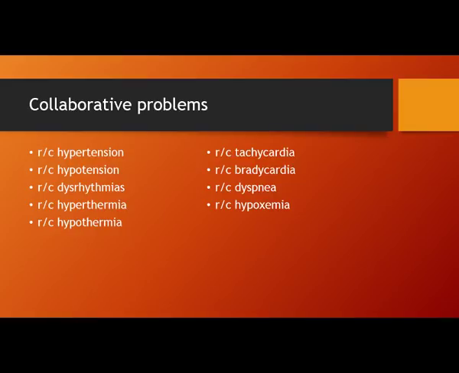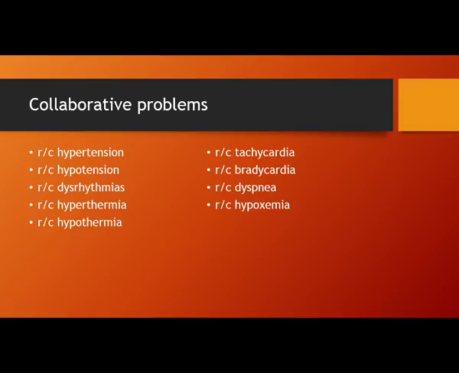Risk for complications of hypotension, basically just the other extreme. Risk for complications of dysrhythmias. Certainly there are various dysrhythmias. Some of them are life-threatening, some of them immediately life-threatening, some of them are not. And when you get to the critical care class in Senior 1, you'll learn a little more about that.